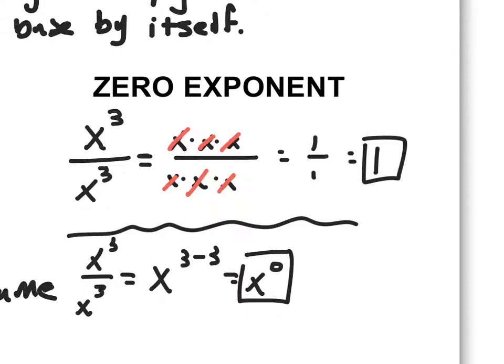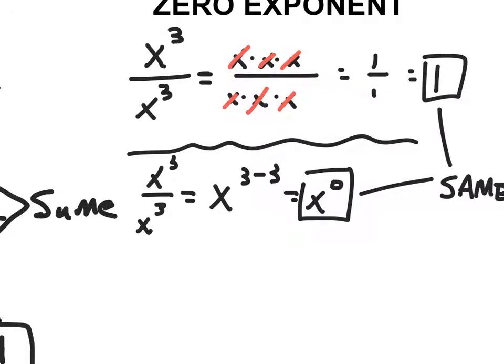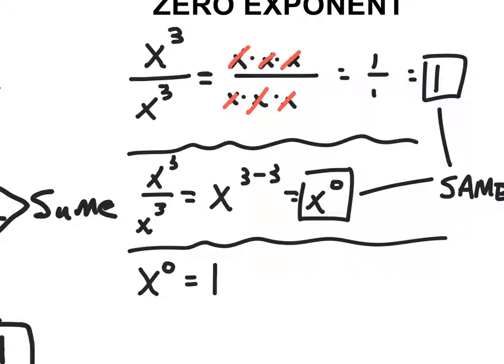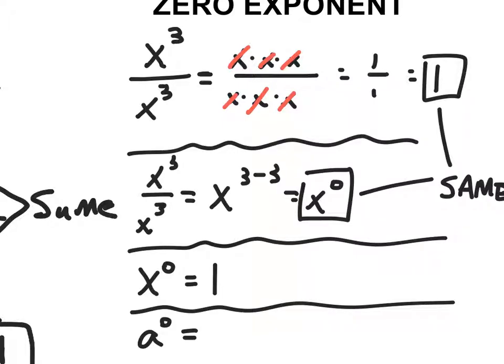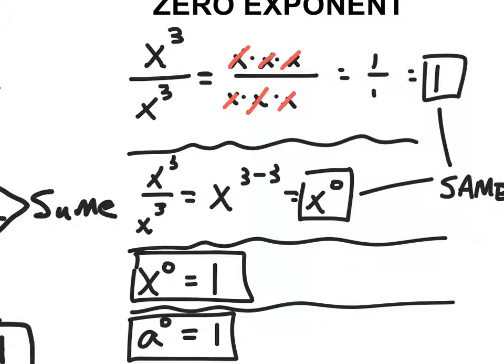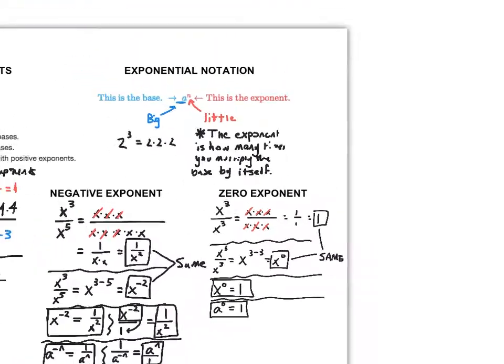But the conclusion you can draw from this is that these are the same thing. So the statement we can make is that if I take anything raised to the 0 power, I'm going to get 1. My rule is: if I have some number a raised to the 0 power, I'm just going to get 1. Pretty easy when you see those. I like seeing those because I know it's just going to be 1.